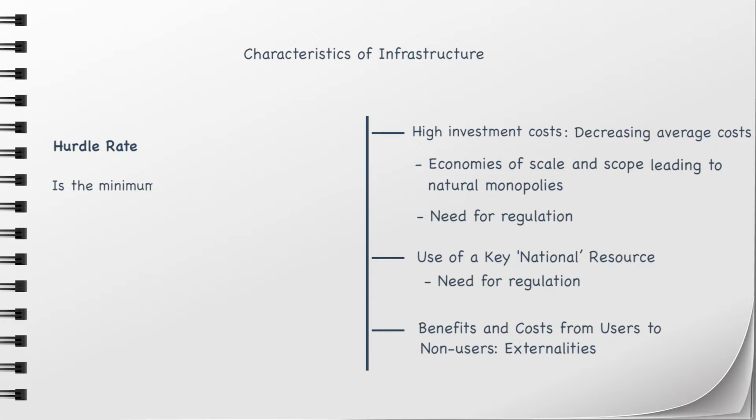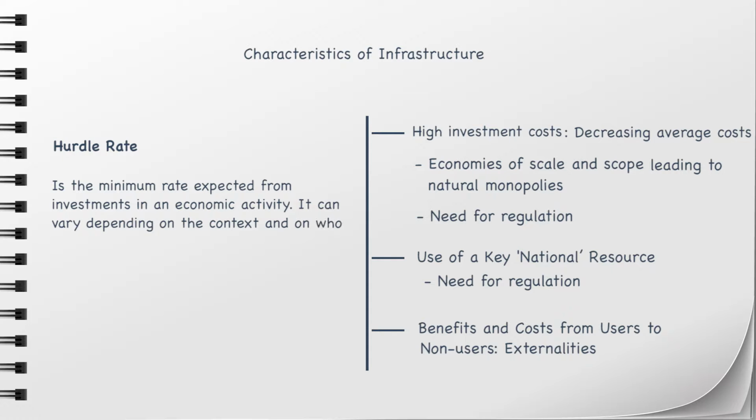That's the minimum rate that we would expect from investments. Of course, the hurdle rate could vary depending on the context, could vary depending upon who is investing, but in general the hurdle rate would vary marginally around what is an acceptable number.